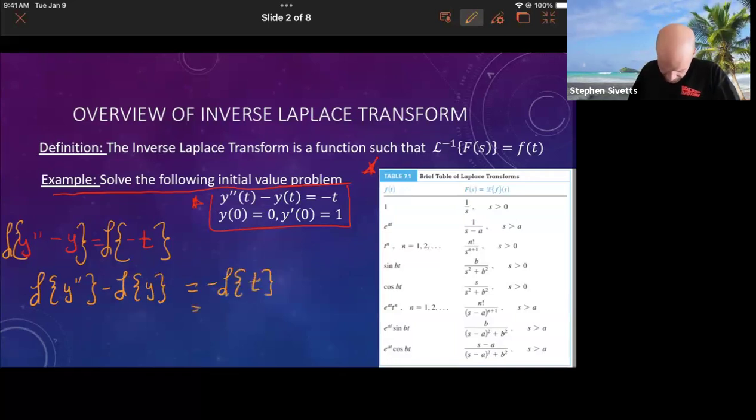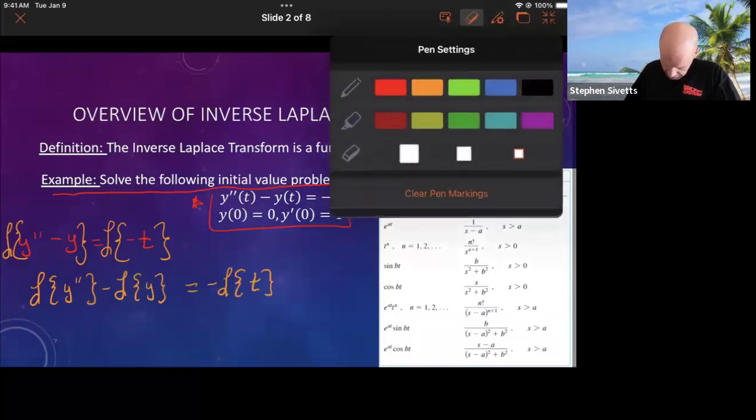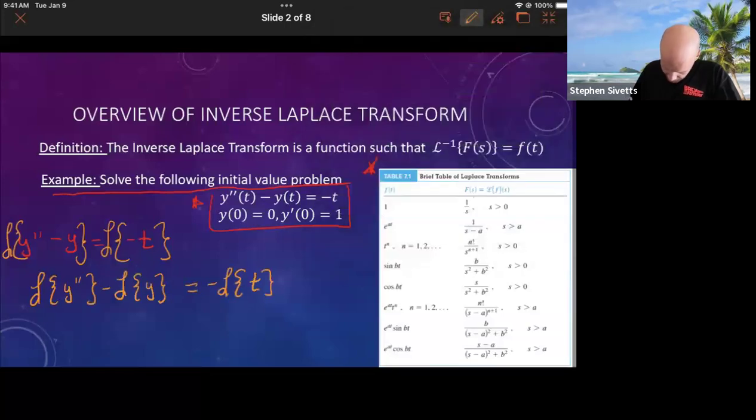Now we know the right-hand side. Actually, I'm going to get some more room here. So I'm going to write this equals over there. So we know the Laplace transform of t, right? It looks like this quantity, t to the n, and its corresponding Laplace transform is n factorial over s to the n plus 1 power.